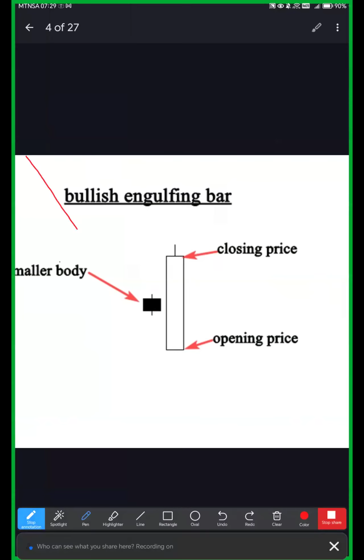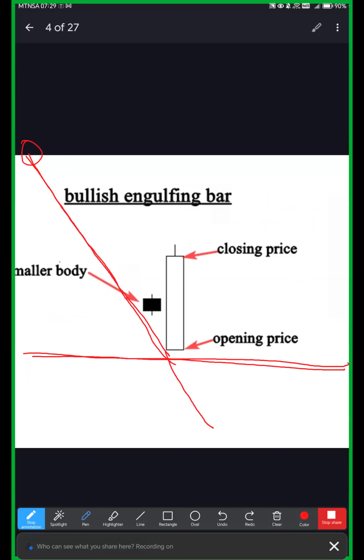This was a downtrend. The market is coming from this level, going down, until it reaches a certain level where price is going to be supported, where sellers fail to continue pressing the price downwards. So this area is going to act as a support. It is supporting price not to continue to go further down.